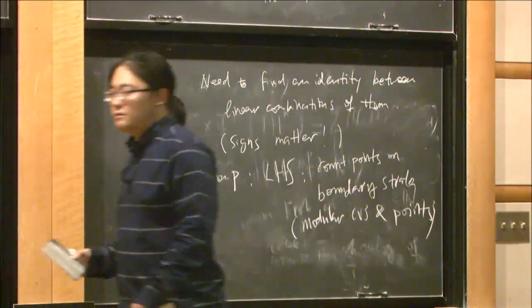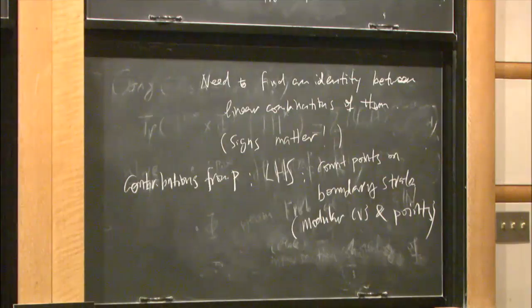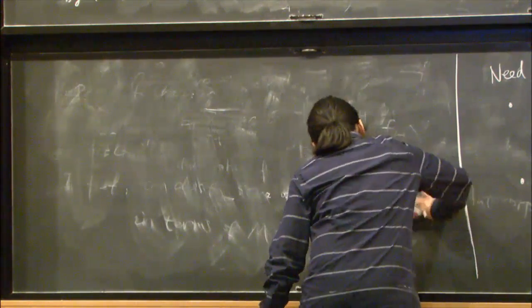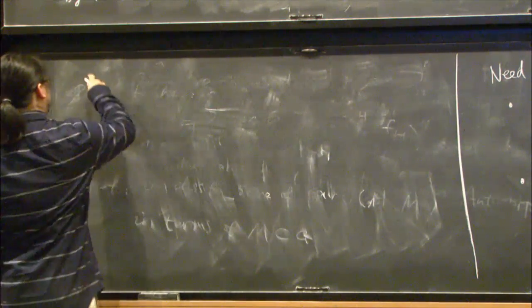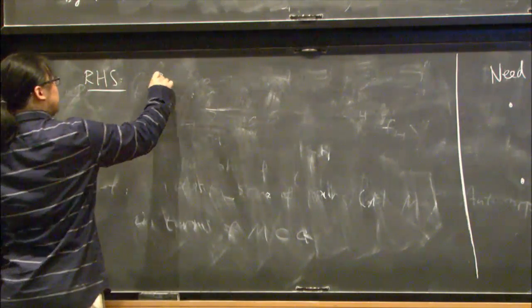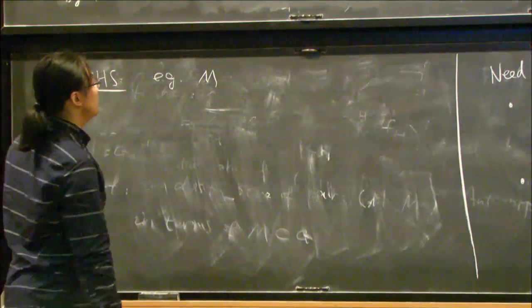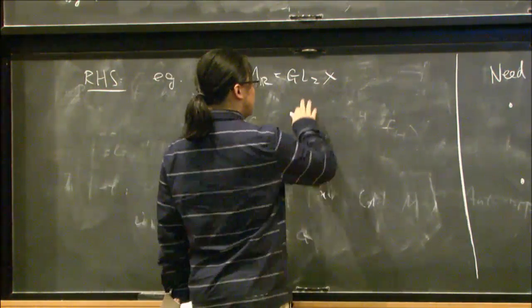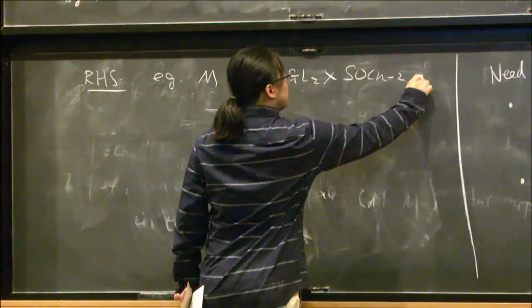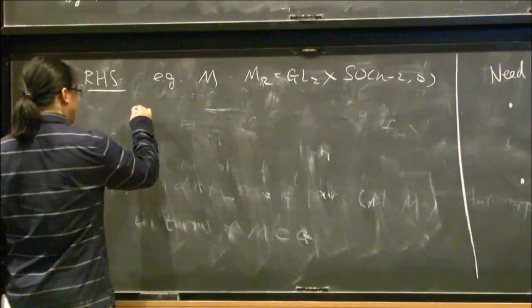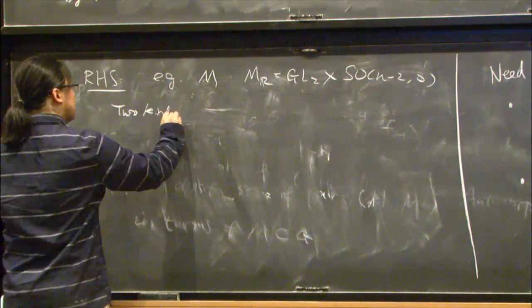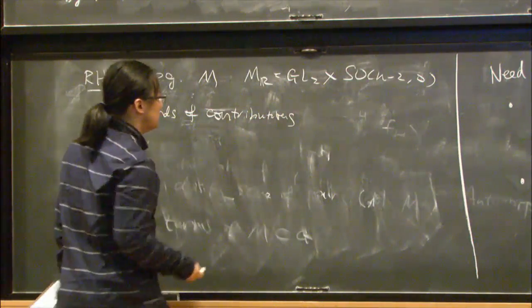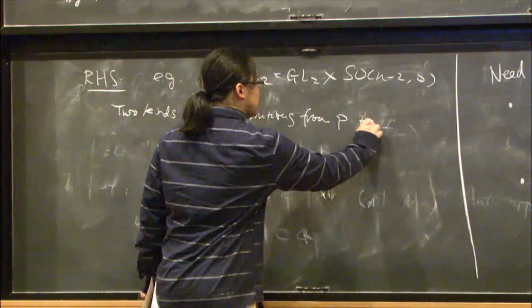And for the right-hand side, for example, if my M, a Levi of G, looks like GL2 times some SO(n-2), then there are two kinds of contributions from p to the right-hand side.